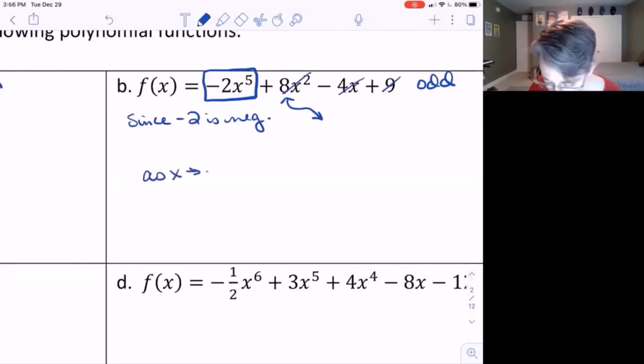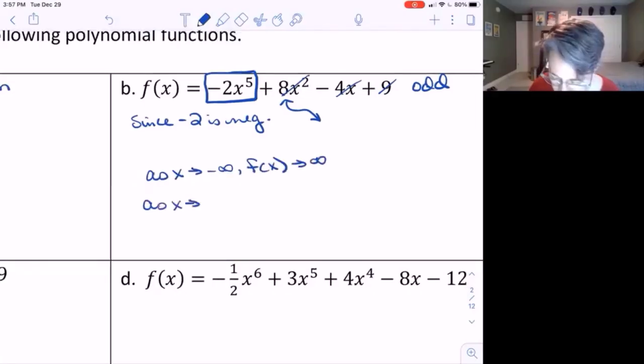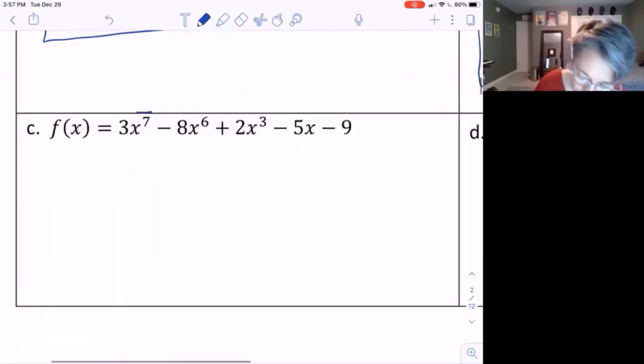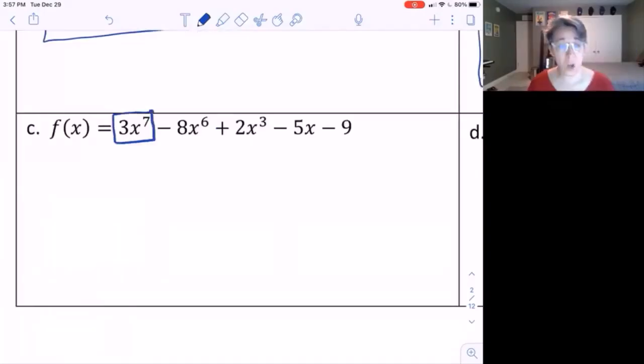As x goes towards negative infinity, towards the left, the function is going up towards positive infinity. As x is approaching positive infinity towards the right, f of x is going downwards towards negative infinity. That's the end behavior. For C, again, it is odd.